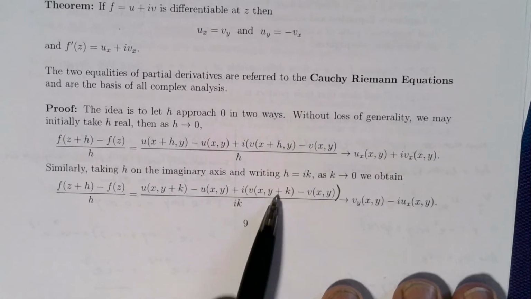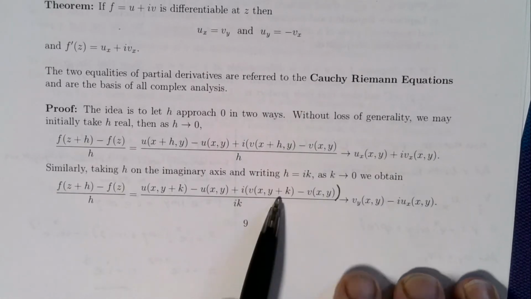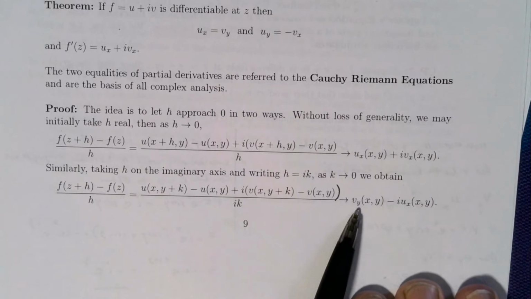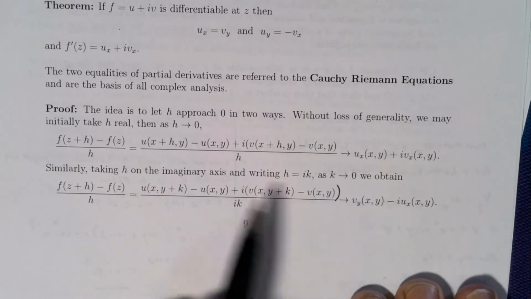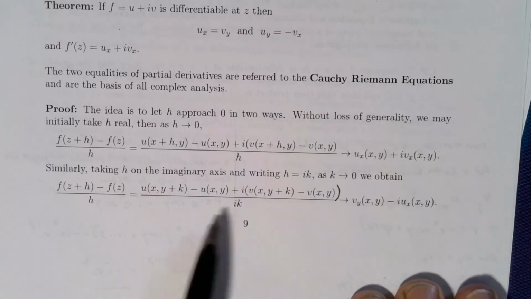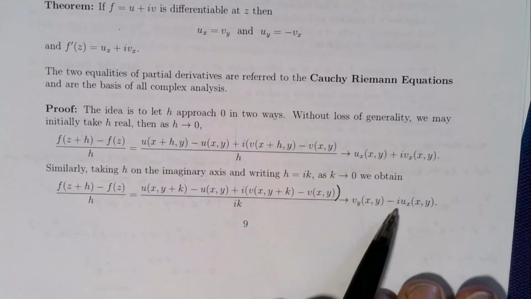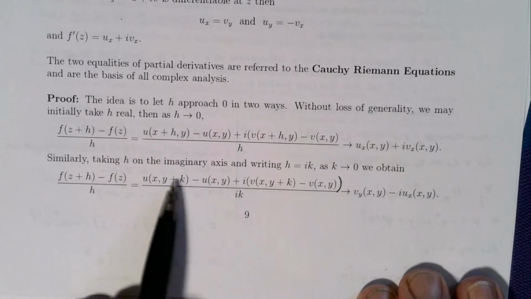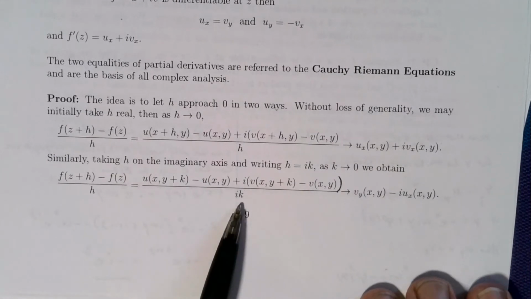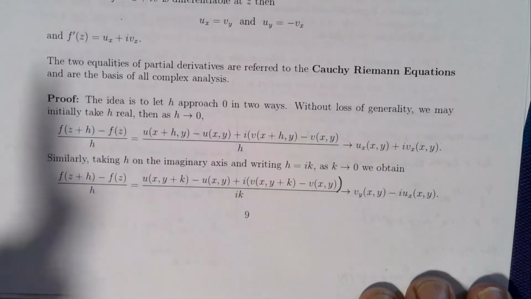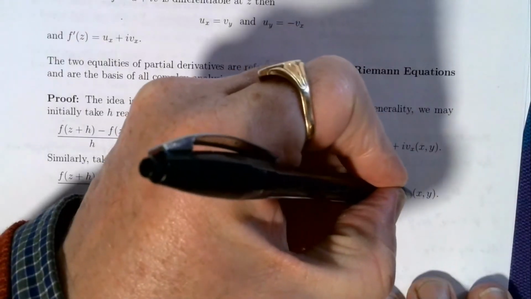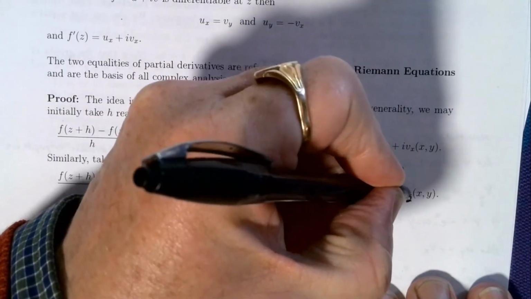It's the second variable being differentiated with respect to. So that's that one, because the i's cancel there. And then plus 1 over i. Now 1 over i is the same as minus i. And this difference quotient is going to go to partial du dy. That should be u sub y there. That's partial du dy.